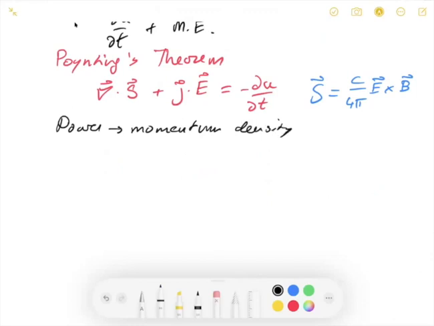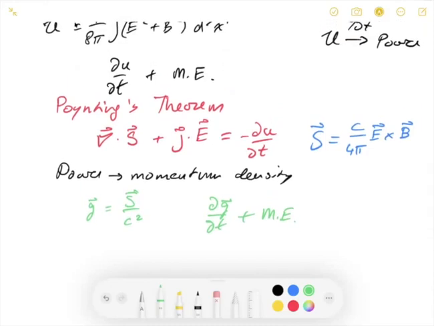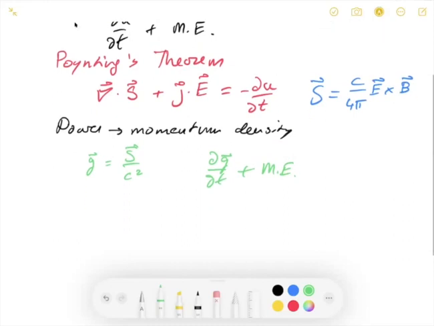That was just by taking the Poynting vector and dividing it by c squared. Then we took the derivative, plus again Maxwell's equations. So we did it twice: once when we went from the energy and got to Poynting's theorem, and then again with this derived quantity, momentum density.